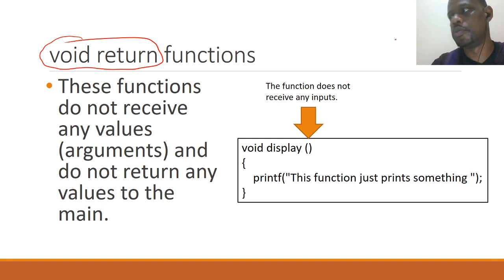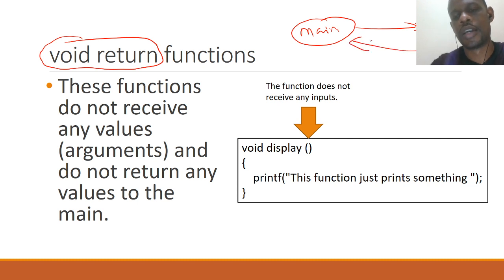Normally, when you send something to a function, you would be like, your name is main. You would send something to a function. The function will do whatever it has to do, and then it'll send something back. But if it's a void function, nothing comes back.